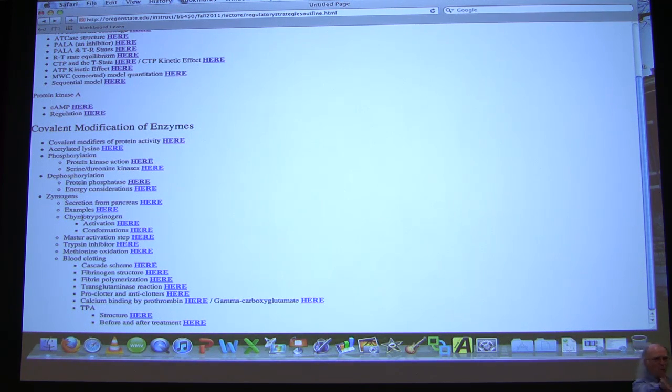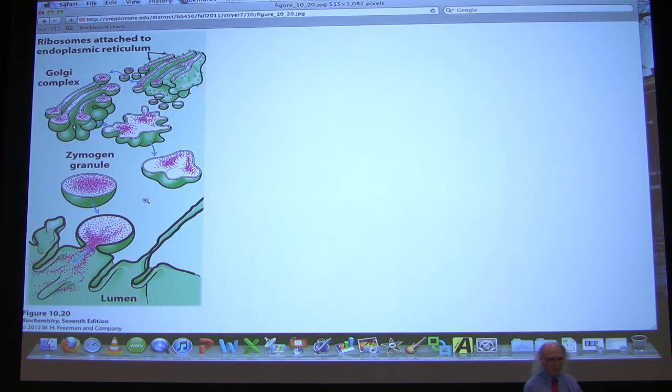So it can get it away from itself without digesting itself in the process of being made. So these inactive enzymes are known as zymogens. We can see them being made by the pancreas, and they're actually secreted outside of the cell, so they can go into our digestive tract where they get activated and start breaking things down.